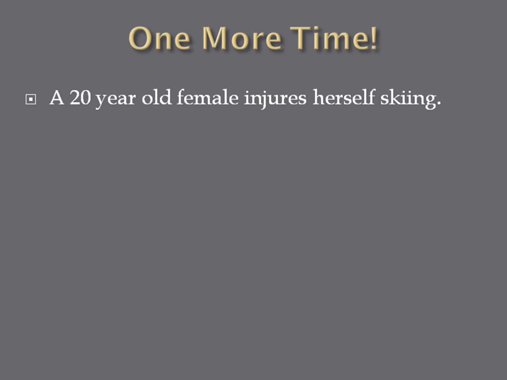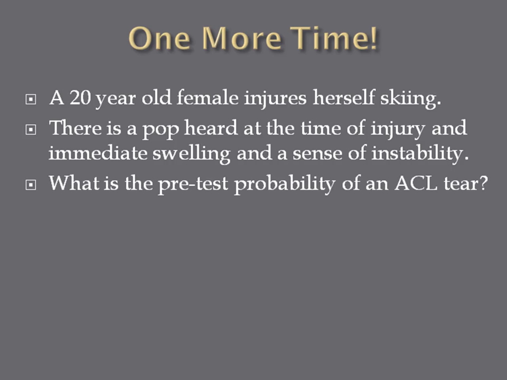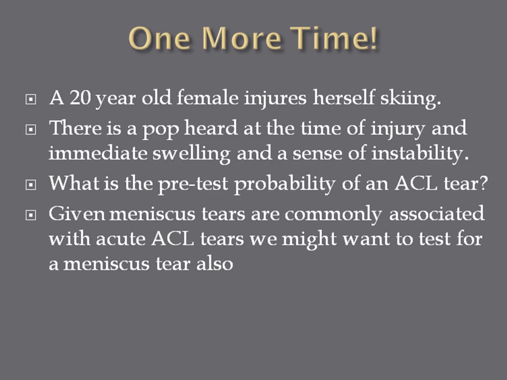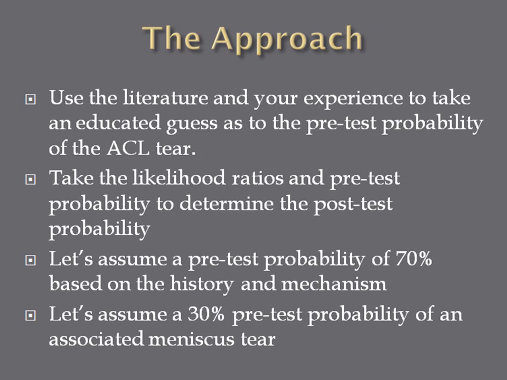Let's say we have a 20-year-old female who injures herself skiing. There's a pop heard at the time of injury, immediate swelling, and a sense of instability. We suspect an ACL tear, so we'd like to first determine the pretest probability of an ACL tear. But also, since meniscus tears are common with traumatic ACL tears, we want to also know the pretest probability of an associated meniscus tear.